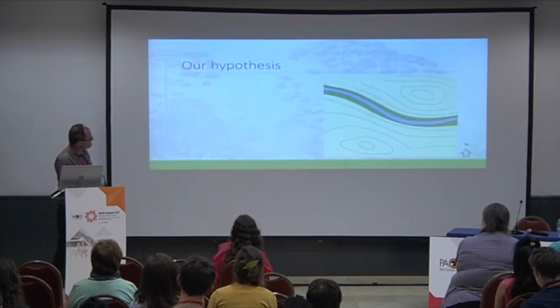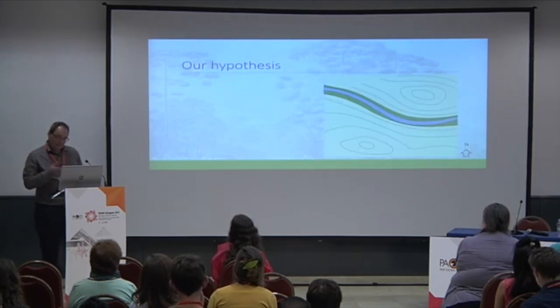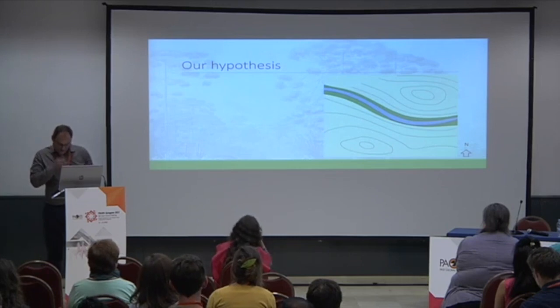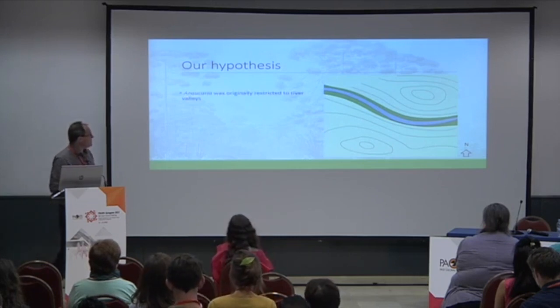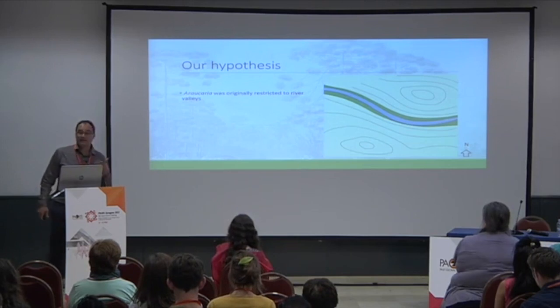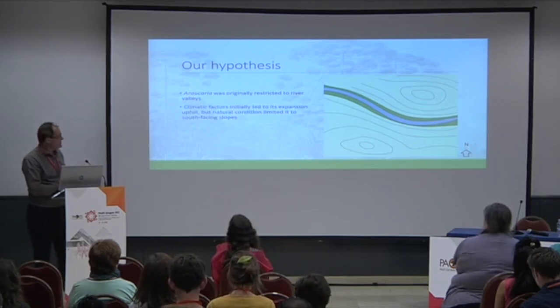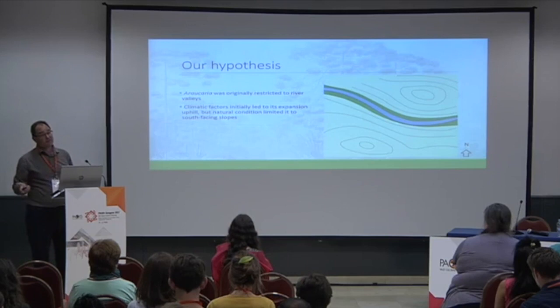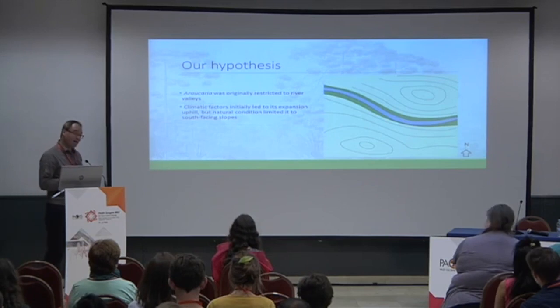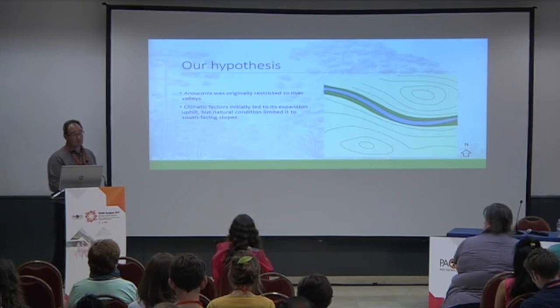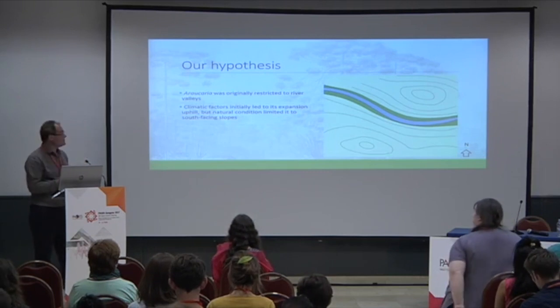Anyway, the hypothesis we have to test is that Araucaria was originally restricted to the river valleys, starting around 4,000 years ago, when the Botuverá cave records show a major increase in precipitation, and most of the paleovegetation records show the expansion of forests.